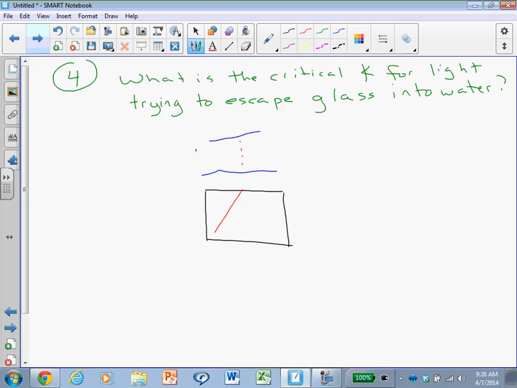That's the water. Now, as it comes out, we're wondering what this angle is right here, because that's the critical angle. We'll call it theta crit, or just theta CR. What's the angle of refraction at the critical angle? You see that your angle of refraction goes all the way to 90 degrees for your critical angle. So you start with Snell's law.